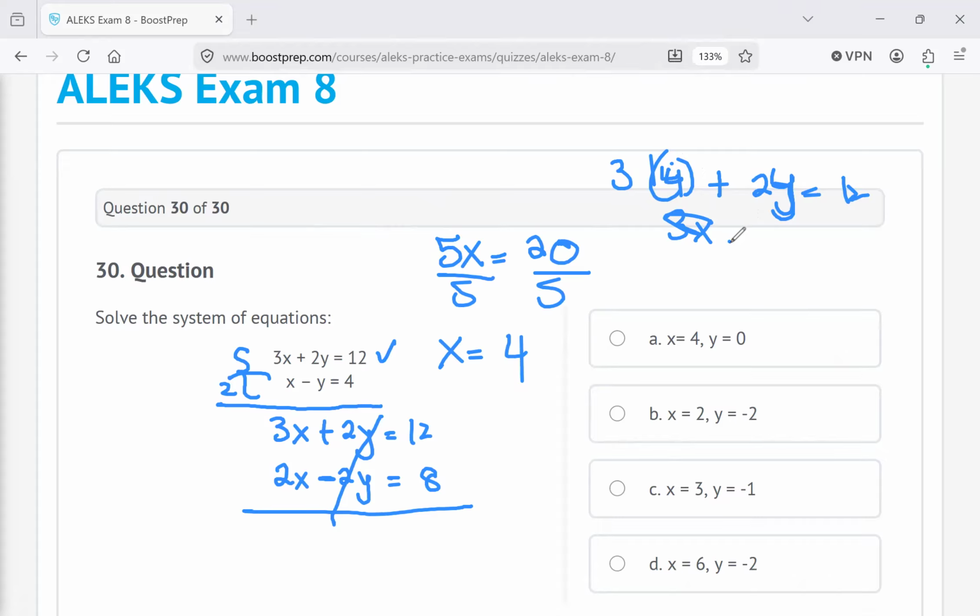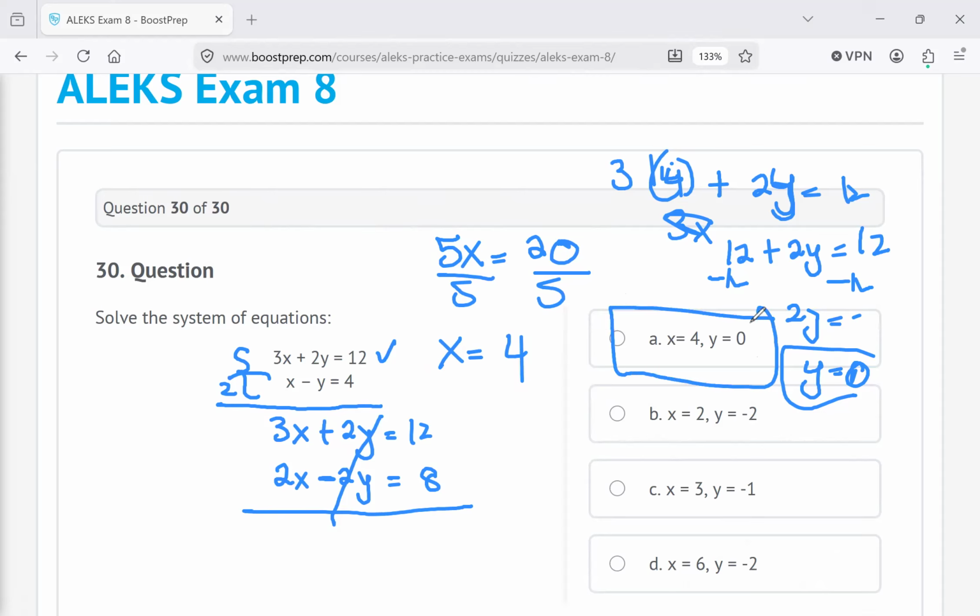So 4 times 3 is 12, and you get 2y equals 0, and then y equals 0. So x equals 4, y equals 0. There you go.